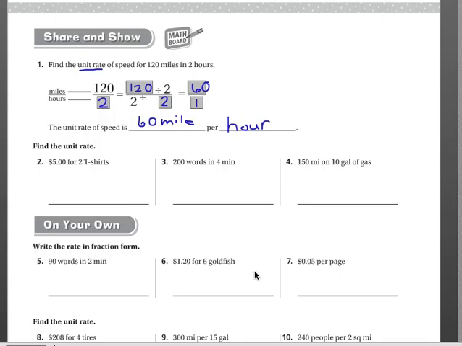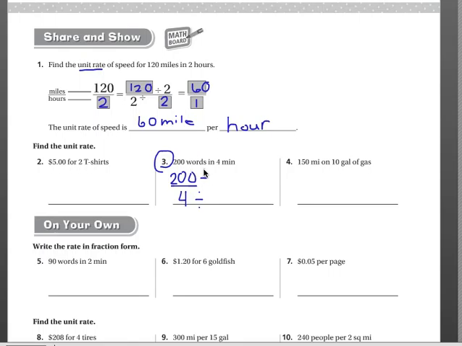So let's try that with another problem. I'm going to do the odds problem because you guys are doing evens. So if I have 200 words in 4 minutes, I need to find the unit rate. Well, my rate is 200 over 4 because I'm going 200 words and I'm doing it in 4 minutes. So to find that unit rate, remember, I need to get 1 on the bottom.